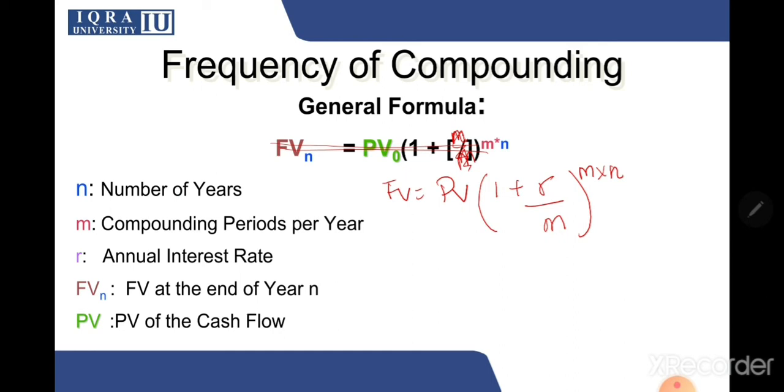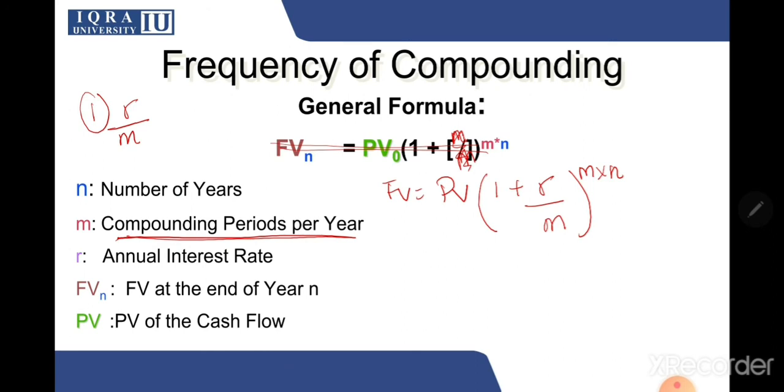A simpler version that can be used later on is that I tell my students that there are 2 steps whenever the compounding period is different. Number 1 is that you divide the rate by the compounding interval. So m represents the compounding periods per year. That means if it is semi-annual, you have 2 compounding periods. If it's quarterly, you have 4 compounding periods.